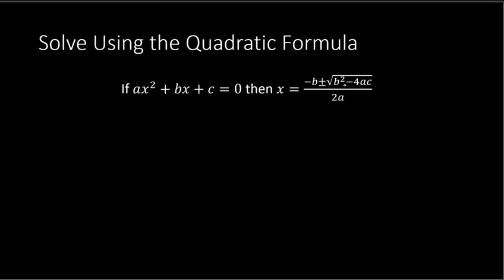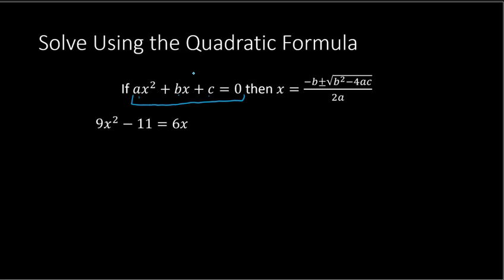So a, b, and c, the numbers we're plugging into the formula, are found when you have it in this format. So it needs to be in standard form, where it needs to be equal to 0, and a is the number with the x squared term, b is the number with the x term, and then c is your constant.